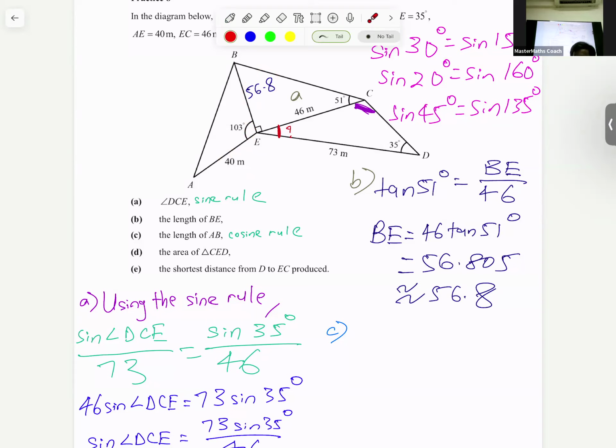So this will be angle BAB... AB square equals 56.805 square plus 40 square minus 2 times 56.805.